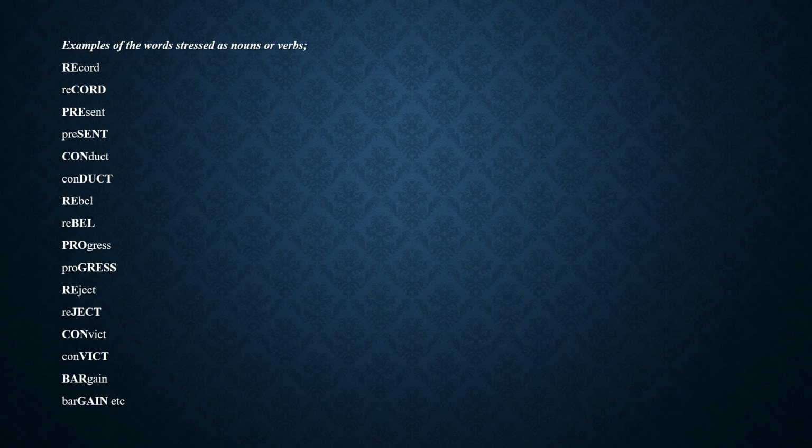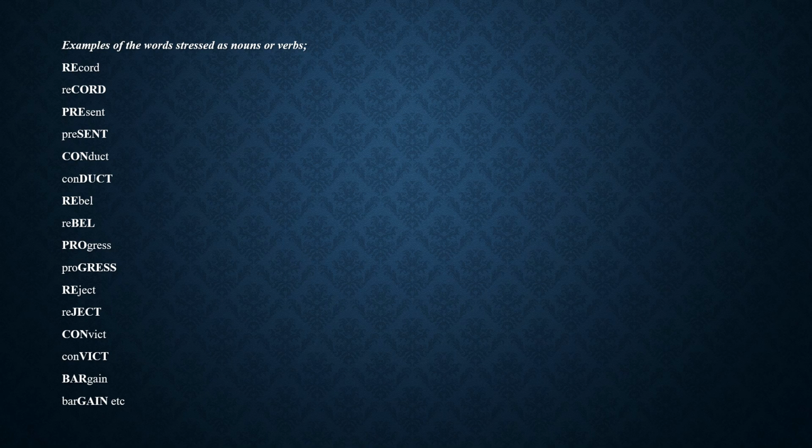The first word as a noun is record. Then the word as a verb is record. The second word, present. Then present as a verb, present. Then the next word as a noun comes out as conduct.